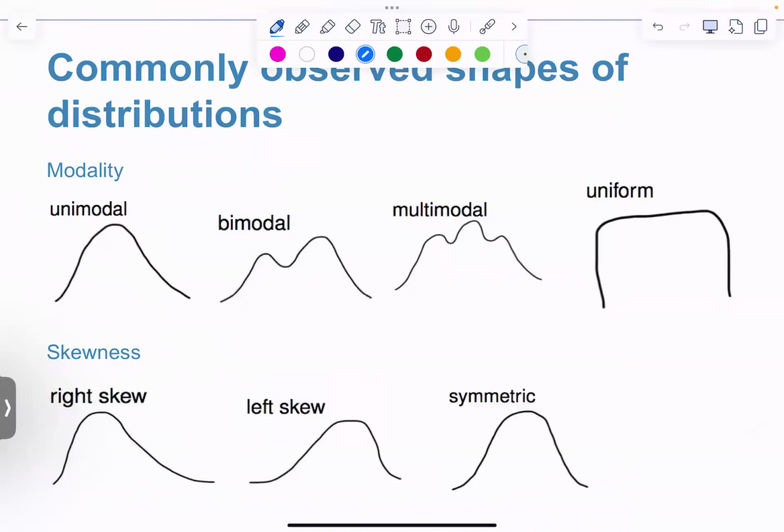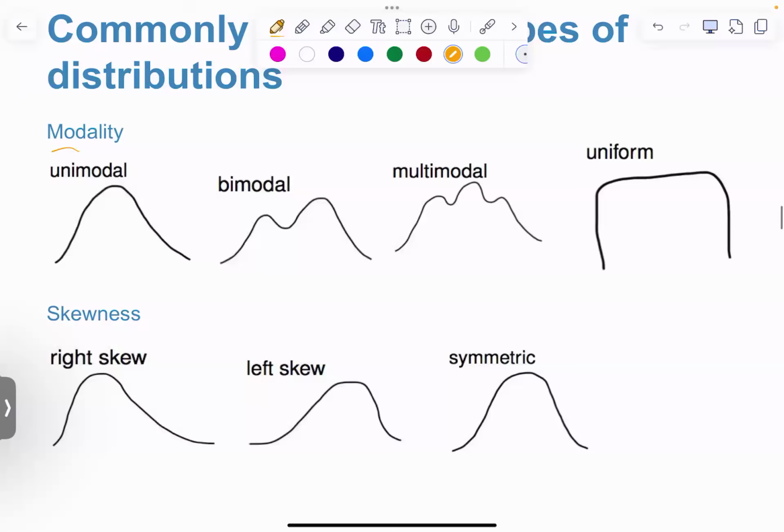Just as a summary, we can have unimodal, bimodal, multimodal, uniform, but what's unclear to me at least is that if the distribution is unimodal, then we talk about skewness. Okay.